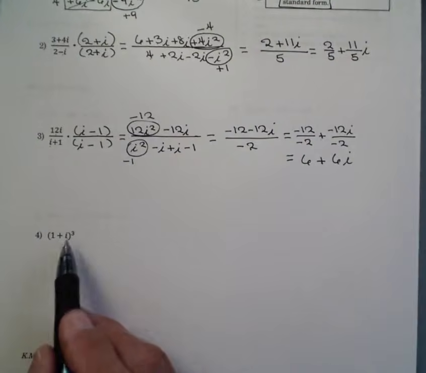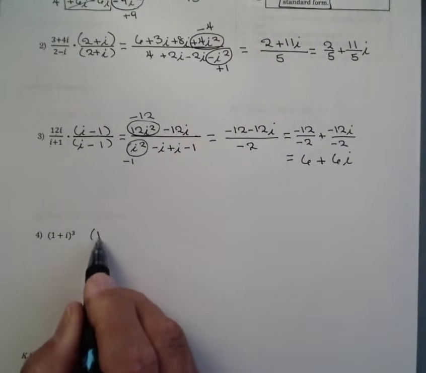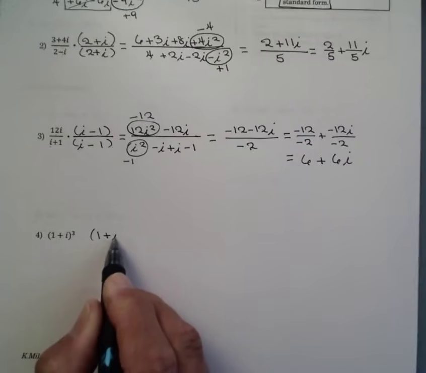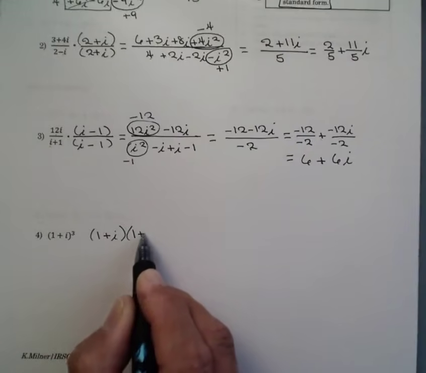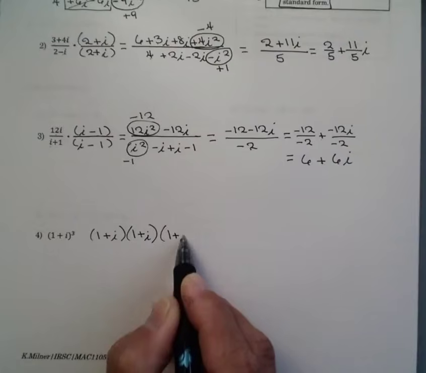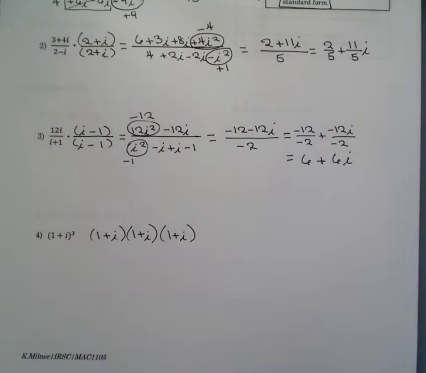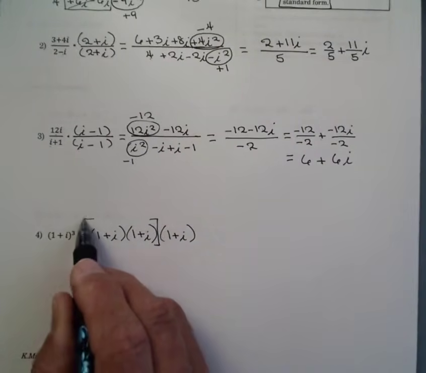Now let's cube something. When we cube it, of course, really what we're doing is we FOIL it and then we multiply it times a binomial again. So we write it like this. And then we're very careful multiplying all these ones and i's. So I'm going to do the first two. I'm going to stop right here and just do the first two together.